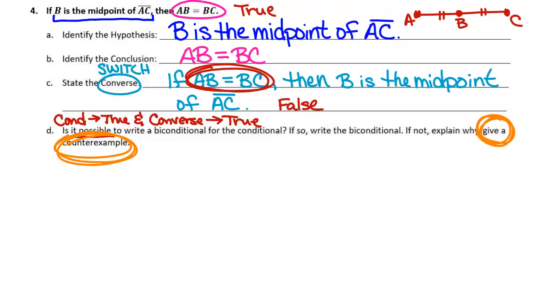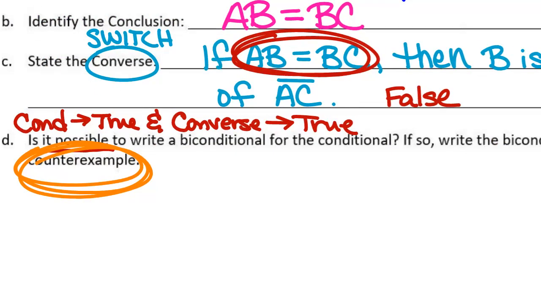Now in my picture, for a counterexample, I have to make this true, but this false. All right, so I want the first part to be true, but I want this to be false. Here's a possible counterexample. This is not the only one, but this is one thing that I can point to and say this is why it's not true.